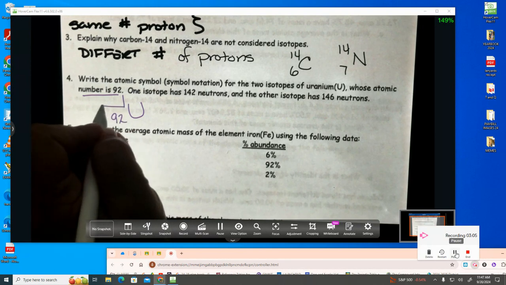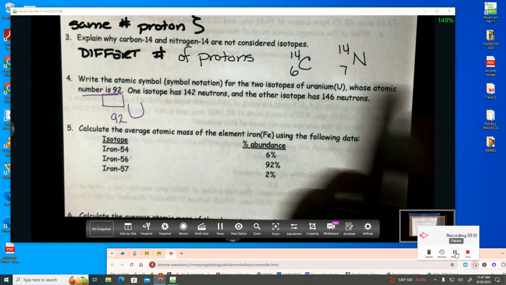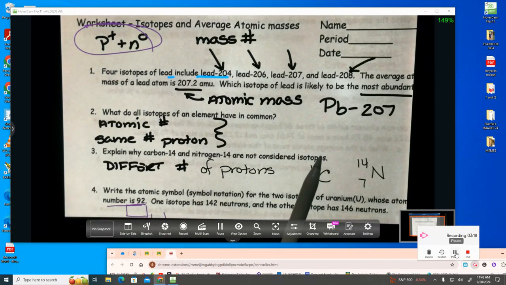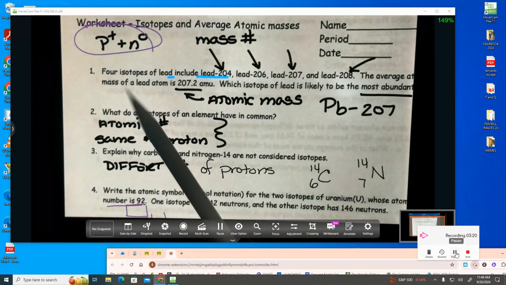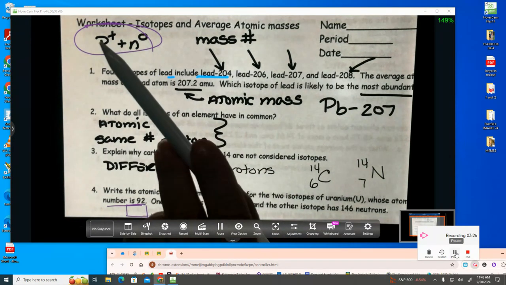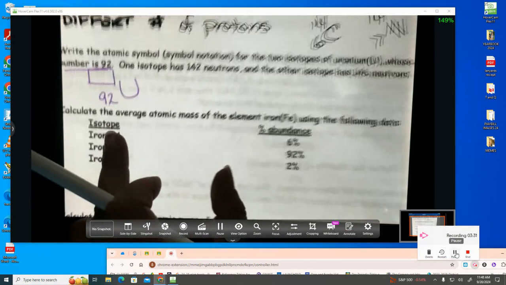Atomic number and number of protons are the same thing. I need to figure out this mass number that's up in the upper left-hand corner. Michelle, how do you find mass number? Adding the protons and the neutrons.